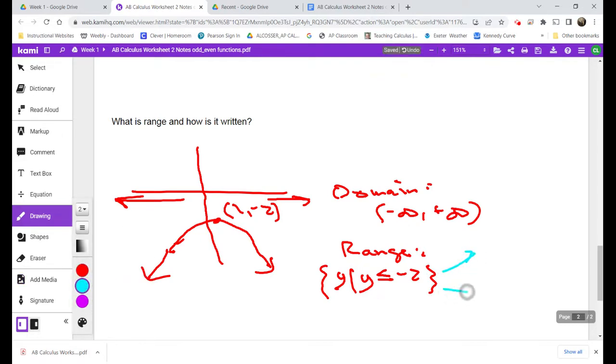It may just be y is less than or equal to -2. Or it could be interval notation where y is going to be, I've got a less than or equal to, so it's a bracket to -2, and it's going all the way down to negative infinity. Okay, it's not an 8, that's negative infinity.